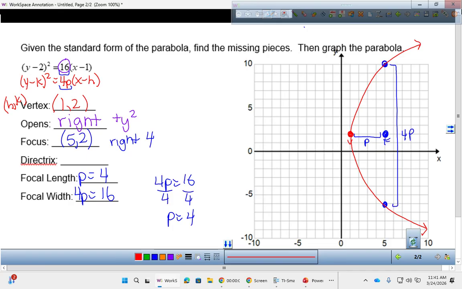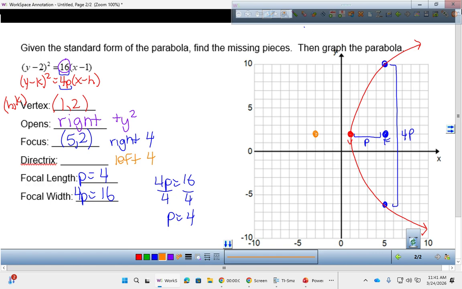The only other thing I'm missing is what's called the directrix. Like I said, this focal length P is kind of called a radius, but it only goes in two directions. We went to the right, so the directrix is going to be the left, that same value, which puts you here. Now, the thing about a directrix is it's not a point, so I'm not going to write a coordinate point for this.